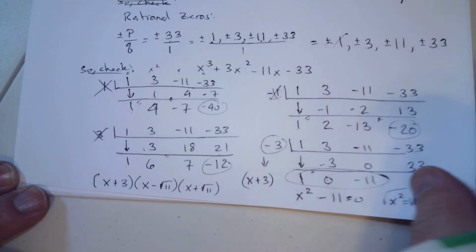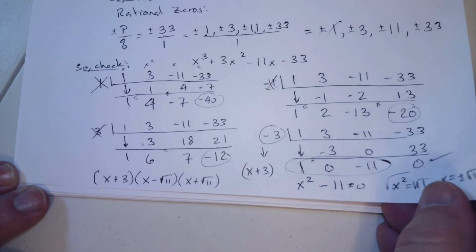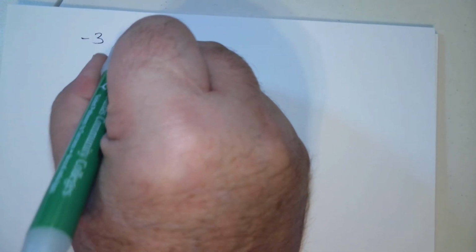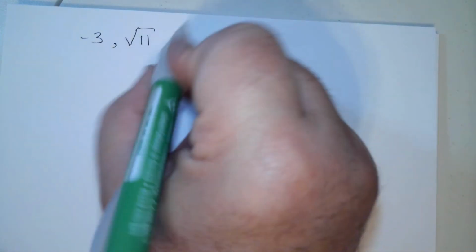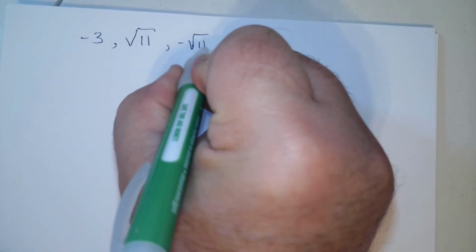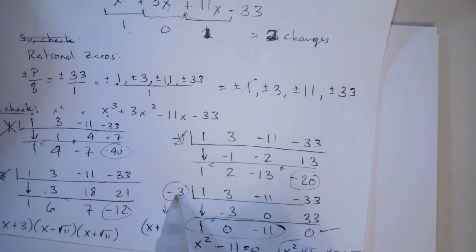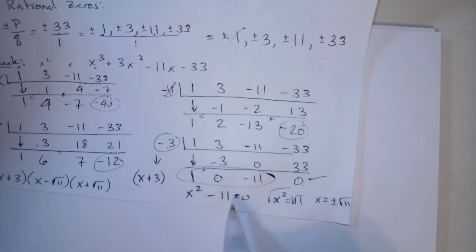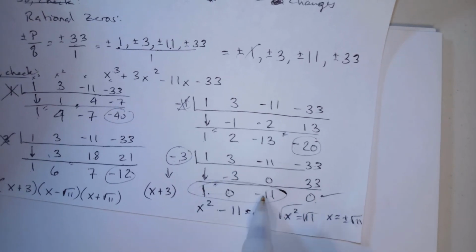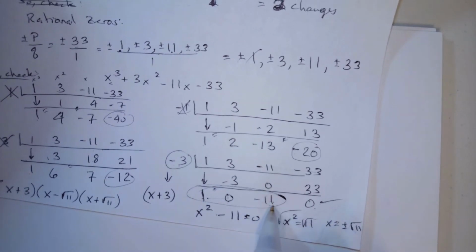Let me show you how I got those. We know that negative 3 is a 0. We know that positive square root of 11 is 0, and negative square root of 11 is 0. That's what these found out.